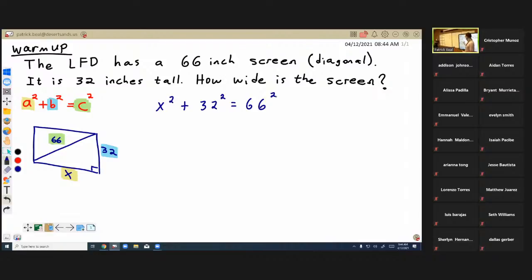That's okay. The x and the 32 are interchangeable. So you might have had 32 squared plus x squared equals 66 squared. But as long as the 66 squared is on the side by itself, it'll be fine.